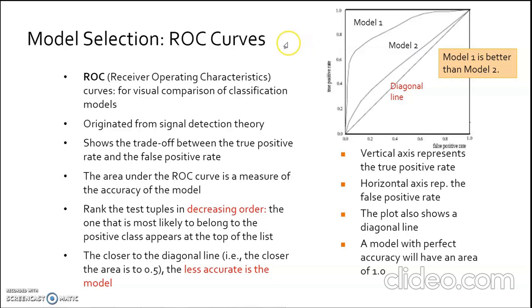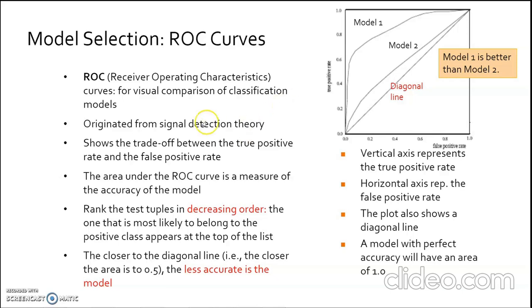The whole history of how it comes into data science and data analytics, you can read on your own. What's important here is that ROC curves are used by data scientists to choose a model, to choose an algorithm, which one is considered better.